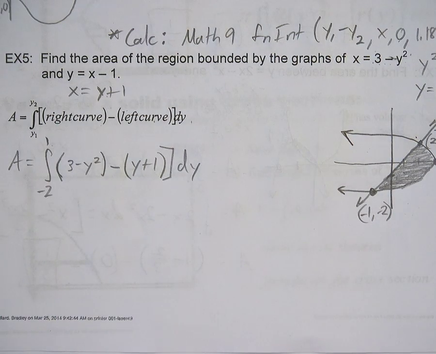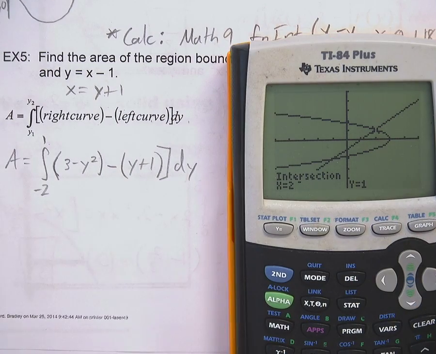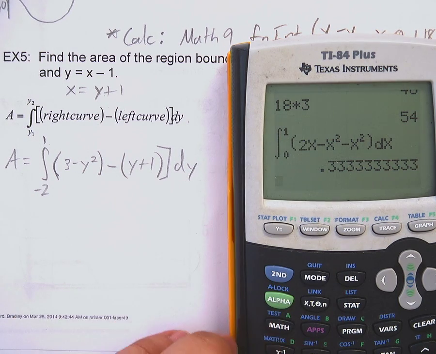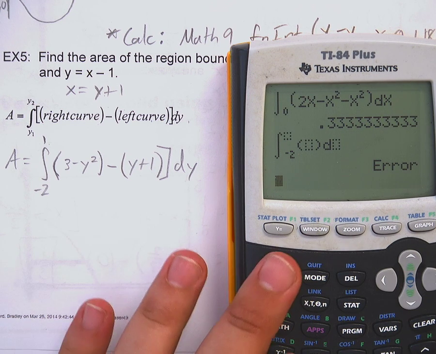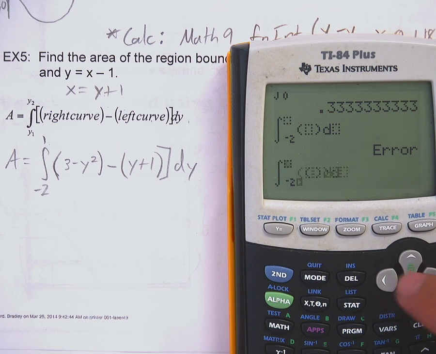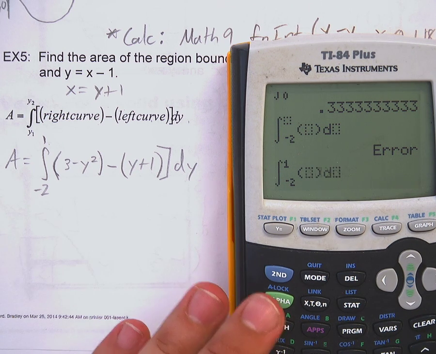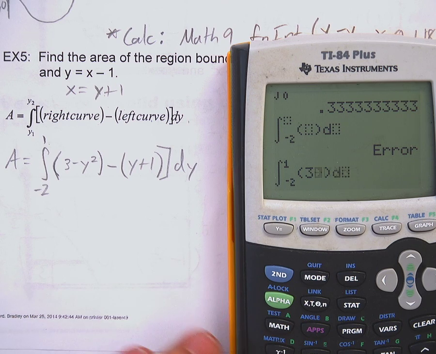Again, it doesn't change your calculator steps. You're still going to math 9, and it's -2 to 1. And when you go to integrate, I hope, I've already done this once, this should be okay.